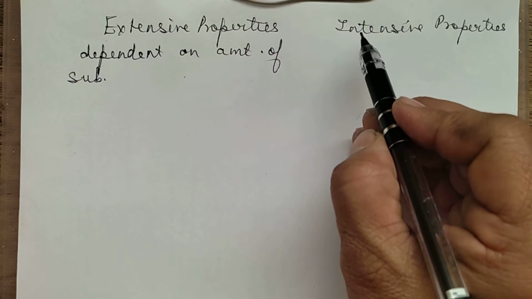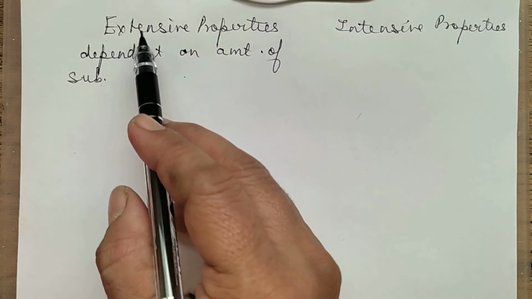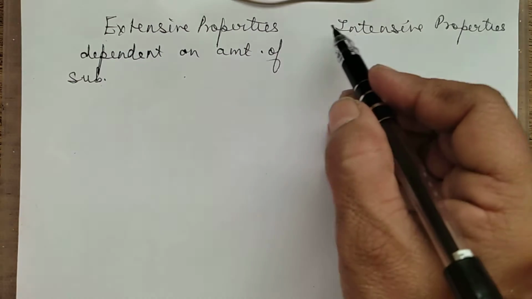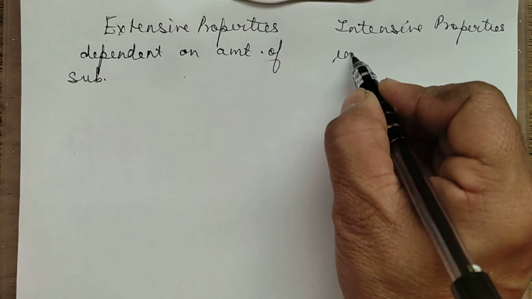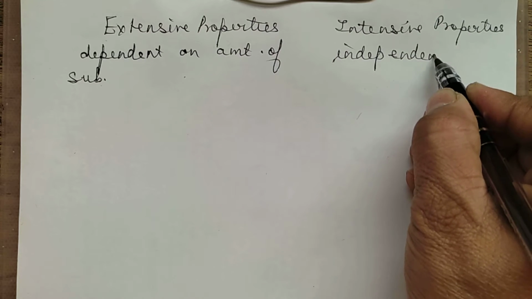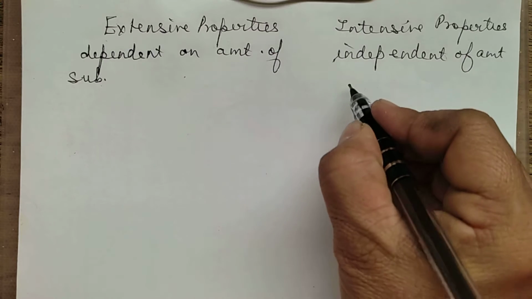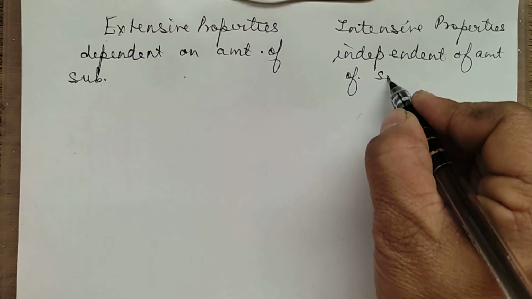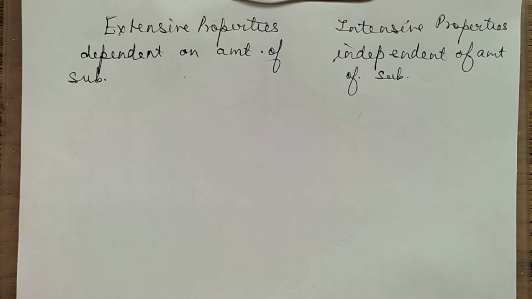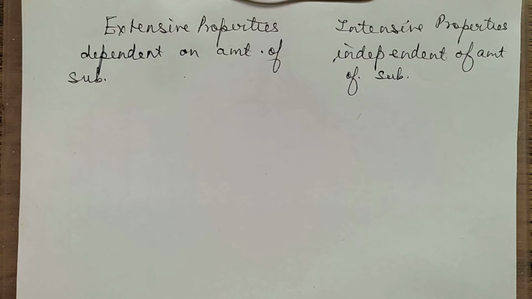You can remember it like that. Intensive properties are independent of the amount of the substance. They are not dependent on the amount, they are said to be intensive. If they are dependent, they are called extensive properties.